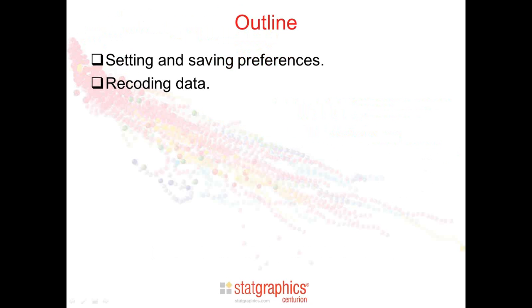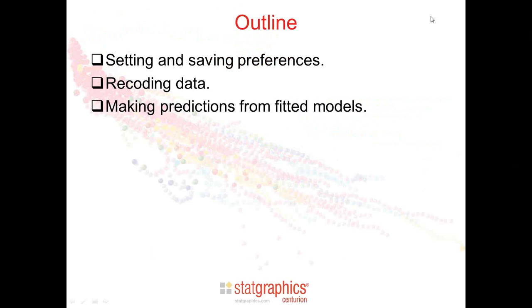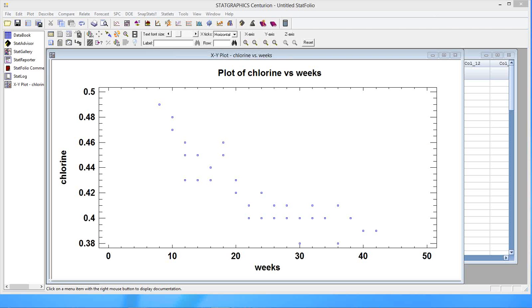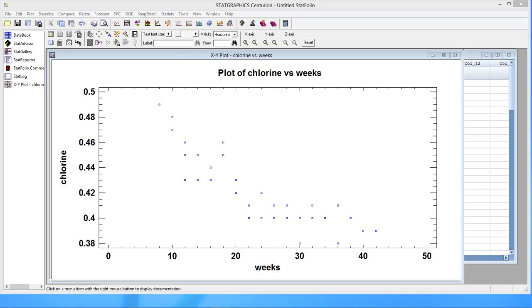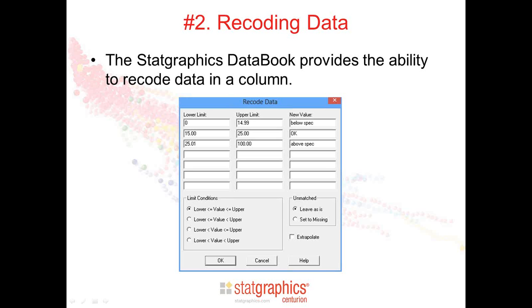Okay, this is the recode, I believe. See if I can get it on the screen for you. I'm sorry, I'm not having much luck getting to the right page. Give me just a moment. Here's the recode. There we go.